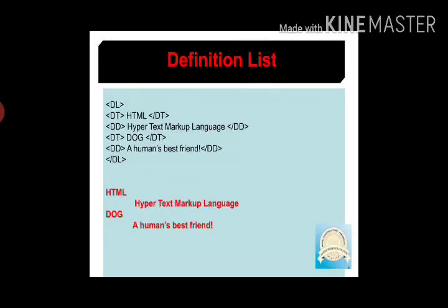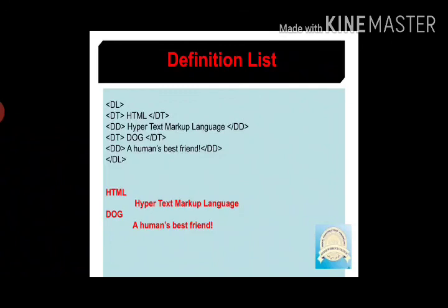Next, we move on to the definition list. The definition list is another type of HTML list. This kind of list is different from the others. For the definition list, we use the DL tag.